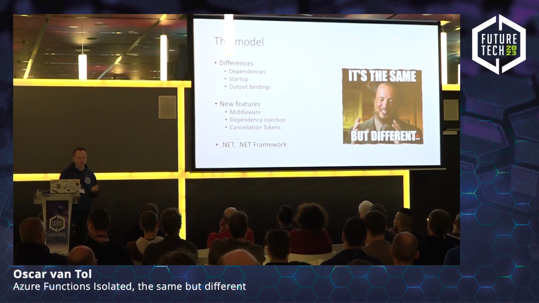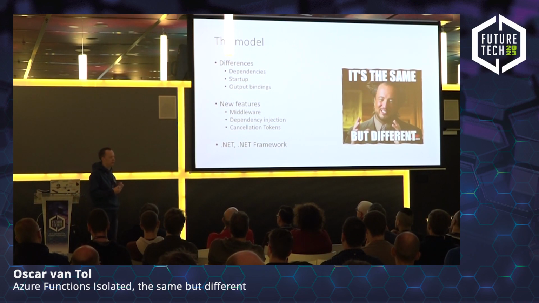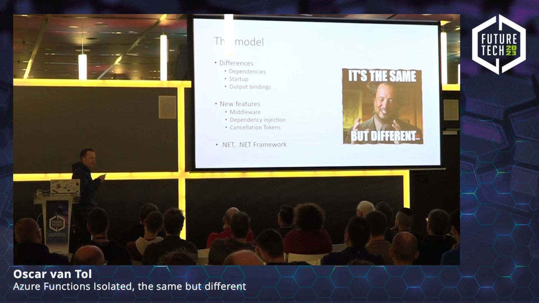The differences they introduced in the new model: you lose dependencies, so yay, you get full control of those. That also means, it's the bottom bullet by the way, that you can start and run any version of .NET or the .NET Framework that you want. With that, it's now GA to run .NET Framework in the isolated process.